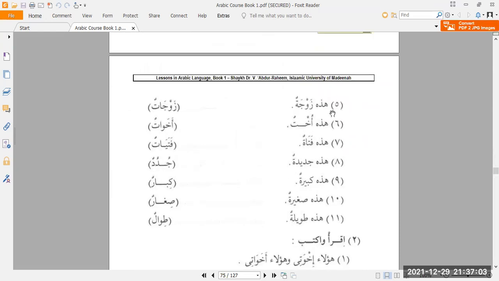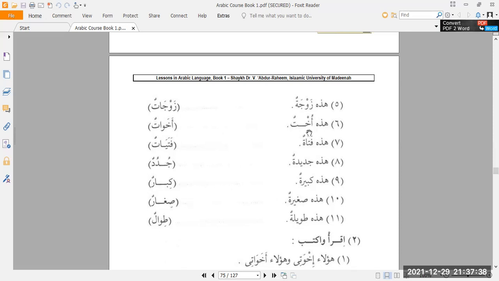Number 5, هذه زوجة. This is a spouse, that is a wife, at least I should say. هؤلاء زوجات. Small ta becomes a big ta, but the ta detaches, the alif comes in. هذه أخت. But ukhtun changes slightly. You remember when we did akhun? Akhun also changed, akhuhu, a waw came in.